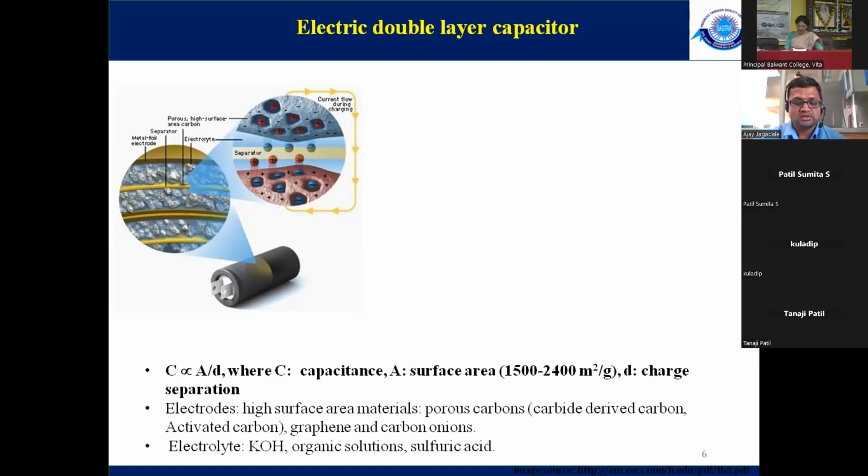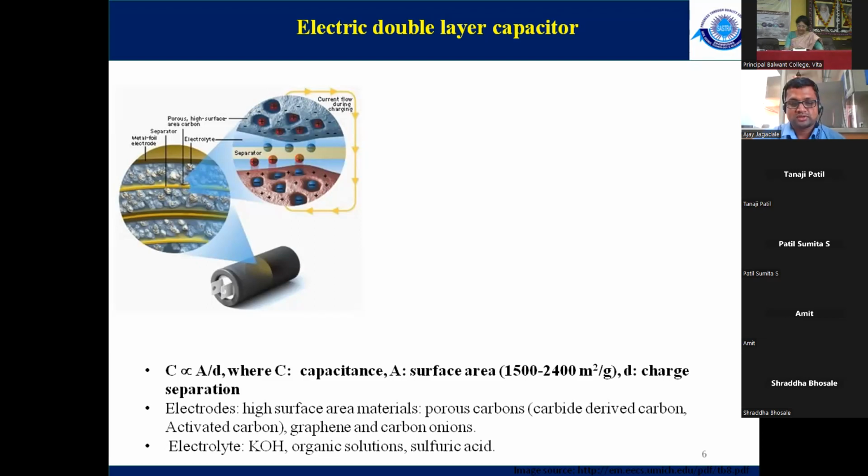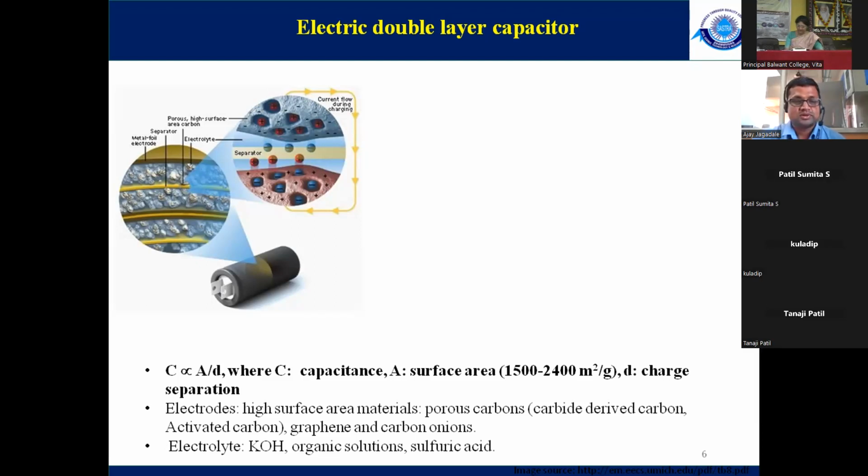So I would like to give the difference between normal conventional capacitors and supercapacitors.